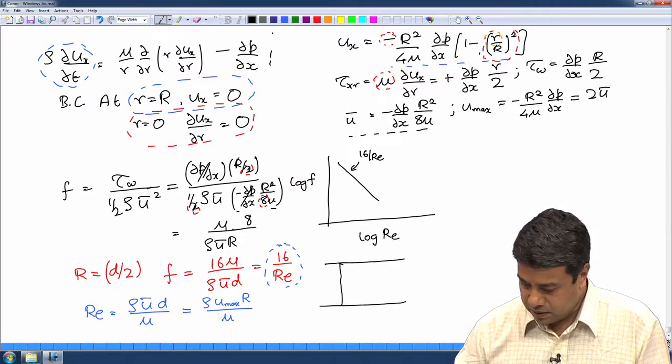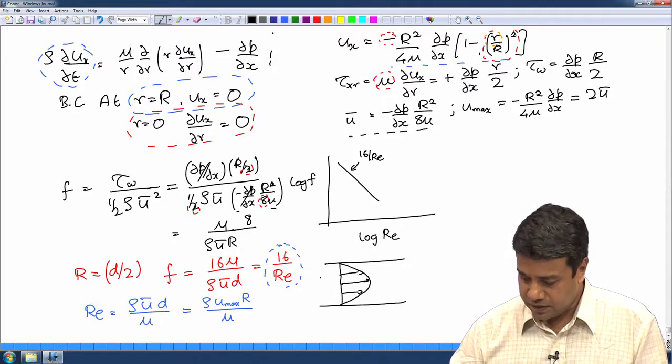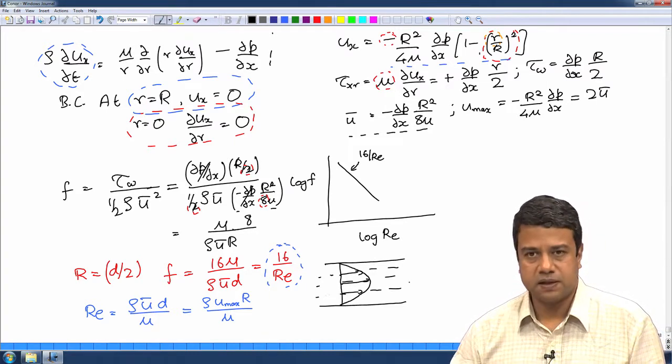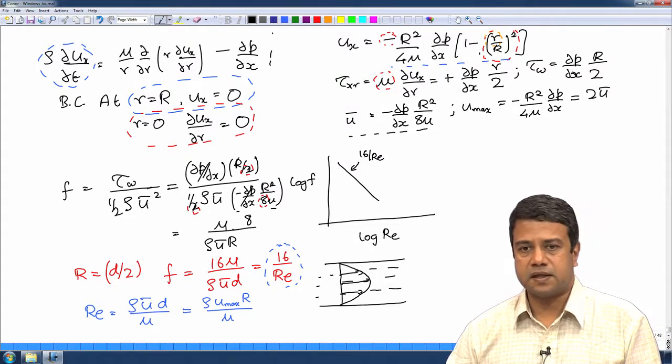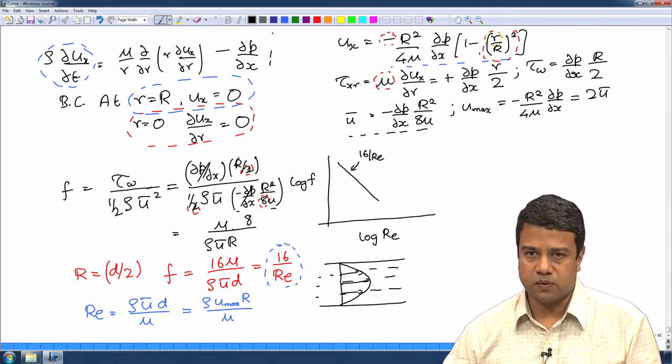The velocity profile is parabolic, and the fluid motion is along straight streamlines, and momentum transport across the streamlines can take place only due to momentum diffusion.